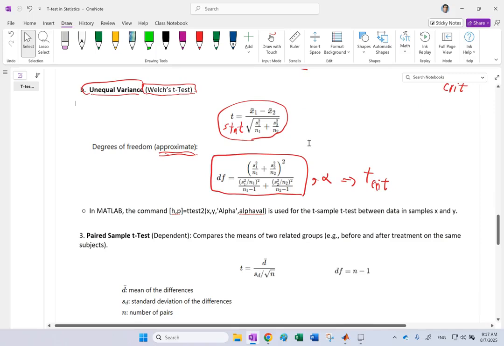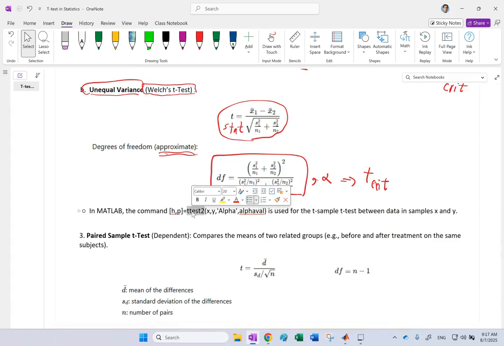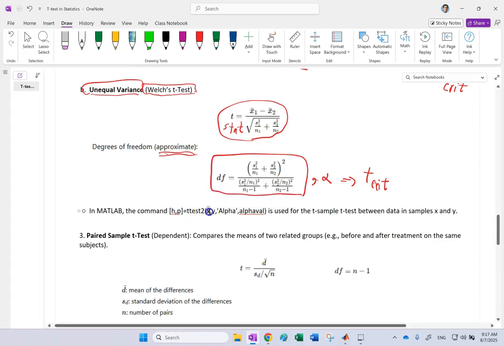Now in MATLAB, if you want to do it, the command to use is called ttest2. So here you have to use 2 for it, so it knows it's two separate samples, and then you give sample X and sample Y data, and then you can give it an alpha value.